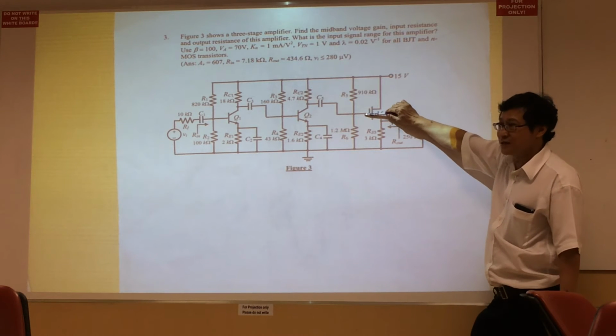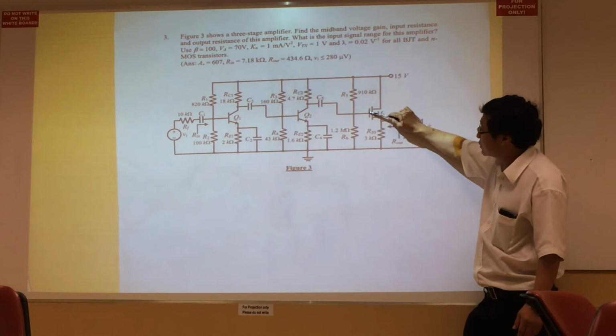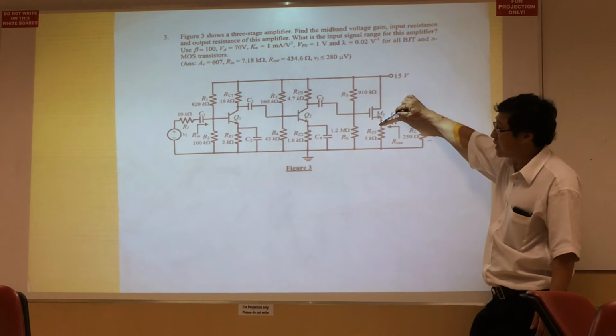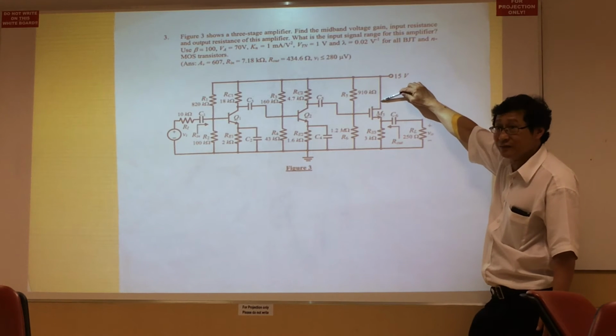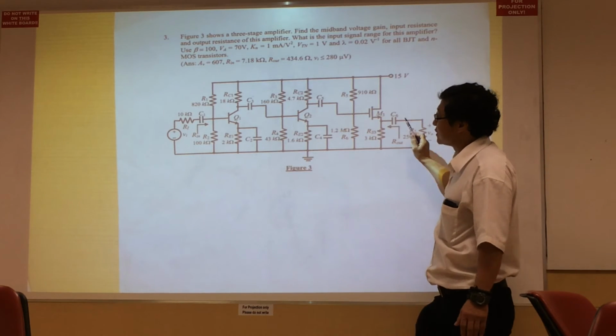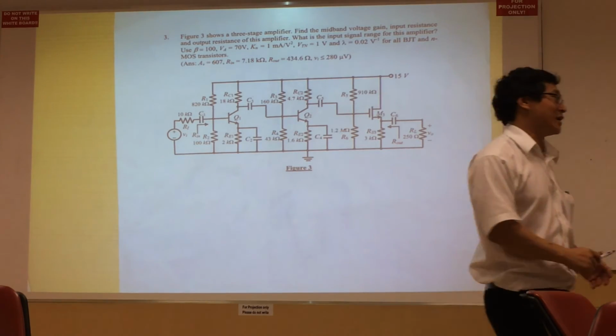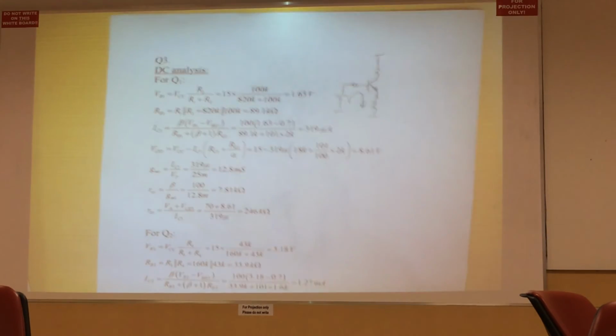Do your DC analysis here, get your Thevenin's resistance, Thevenin's voltage, do the loop, find out your VGS, find out your ID, solve for the Q point, get your GM, you get your DC condition, then you do your AC analysis. After you do that, this is what is going to happen.